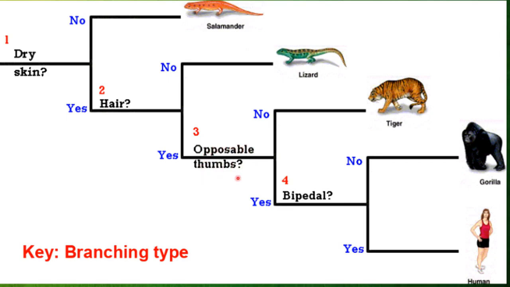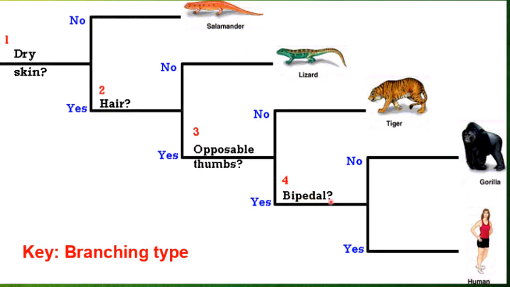Opposable thumbs, meaning the thumb which can stand in a position opposite to the fingers. Opposable thumb can be present or not. Yes and no, these are again a couplet. If no, then it can be a tiger. If yes, then again a lead will work here, that is bipedal.